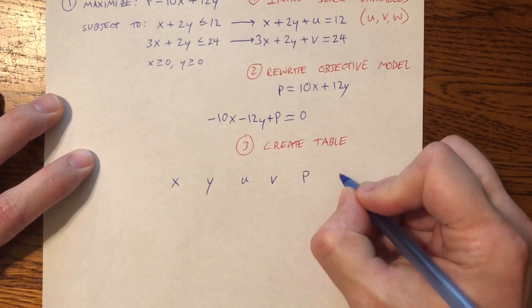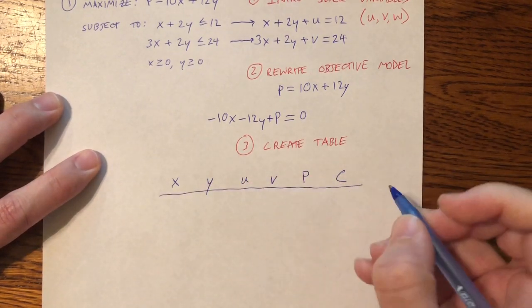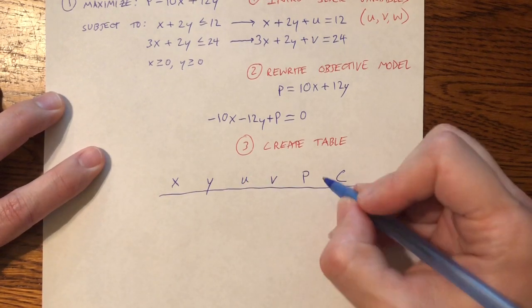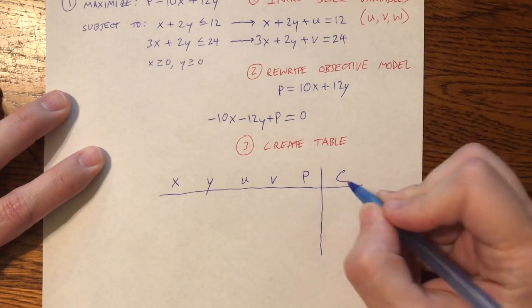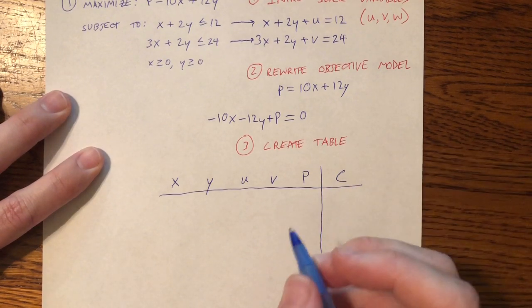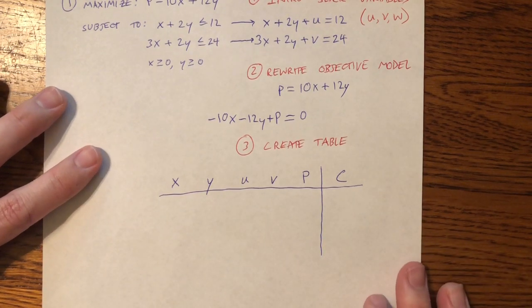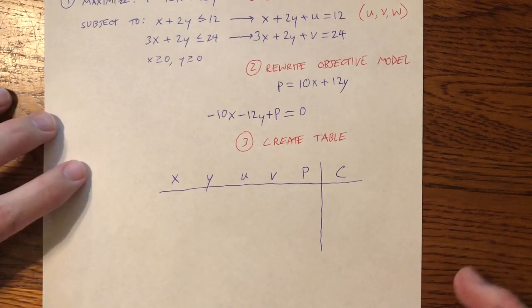And then you have your column of constants, C. So what we want to do is put a horizontal segment underneath those column headings, and then put a vertical bar splitting between the P and the C. And then what we're going to do is come up with the values in our first row. So notice what we're actually creating here is an array of numbers, which is really a matrix.